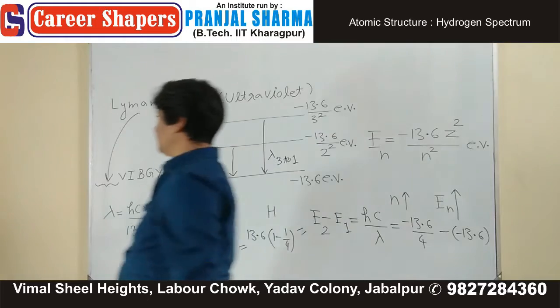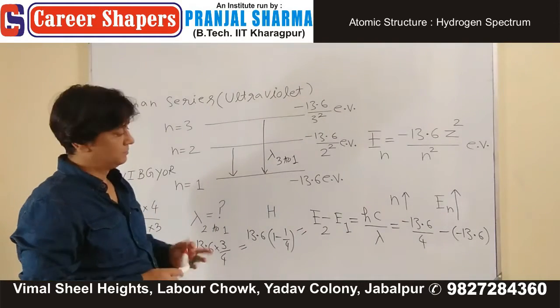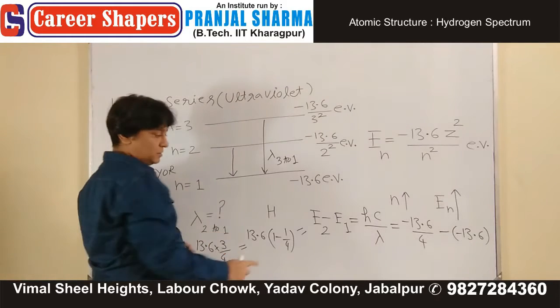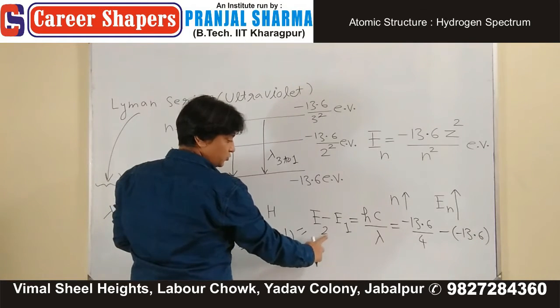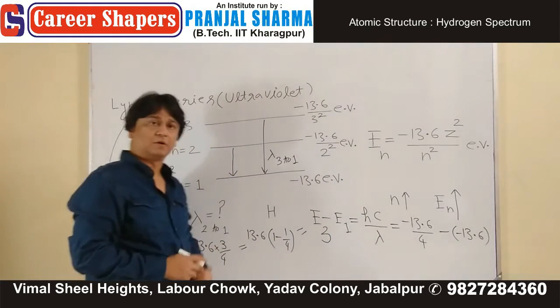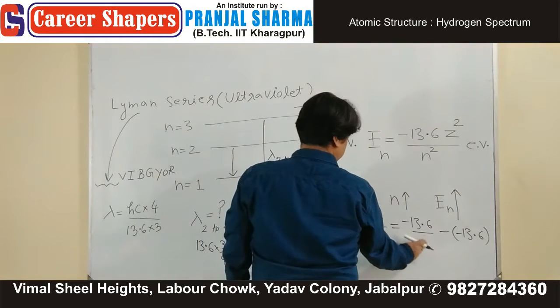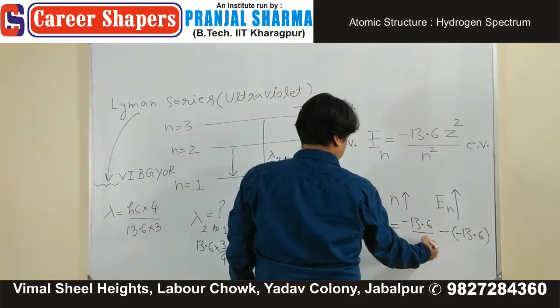Look, if the jump is from 3 to 1, then this will become E3 minus E1. This will become 9.